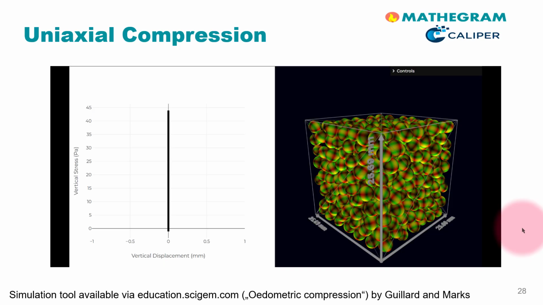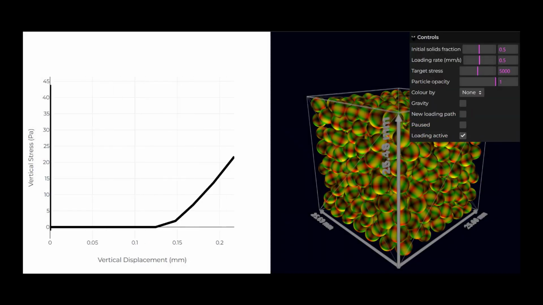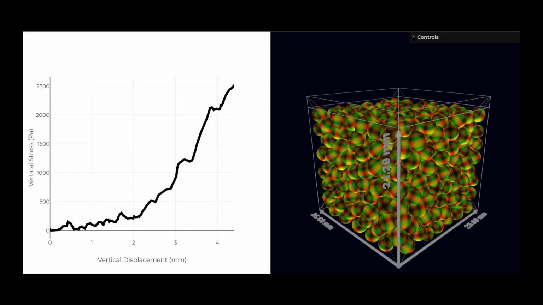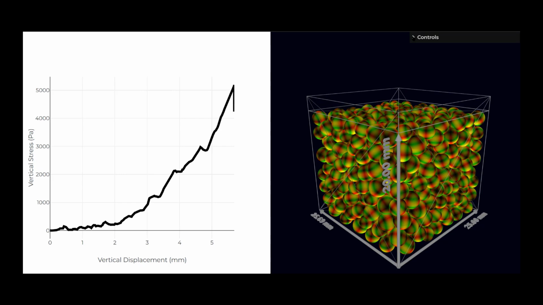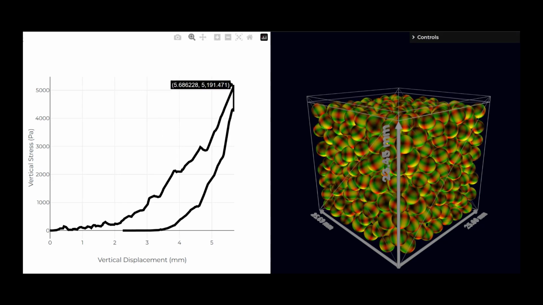Finally, we look at the uniaxial compression of a granular sample confined by lateral walls. As you will see, also here the behavior is highly nonlinear, and we observe a significant difference between loading and unloading, as well as multiple repetitions of identical loading cycles.